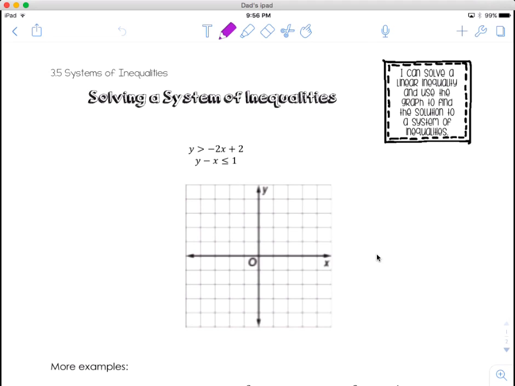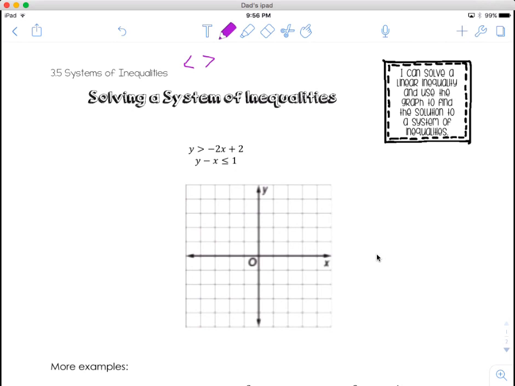Okay, so solving a system of inequalities. The first thing we have to talk about is a few of the differences between graphing a linear equation and graphing a linear inequality. So we learned before that if you have a less than or a greater than sign, when we were doing these on a number line, we used an open dot.